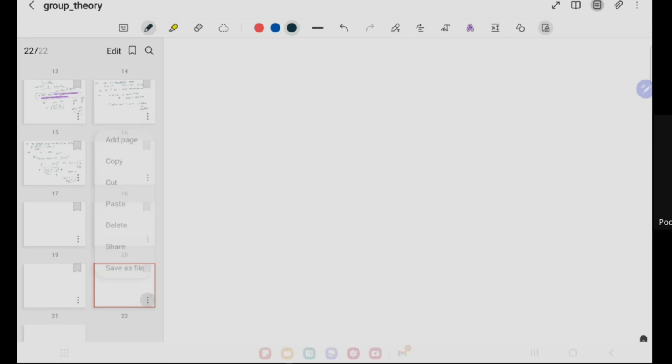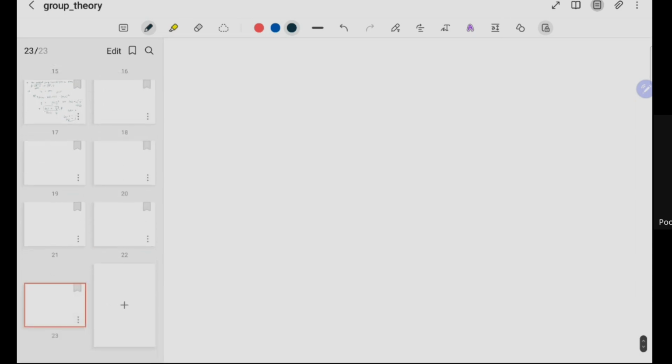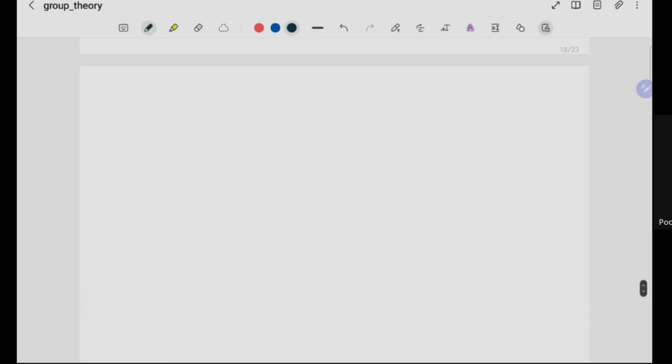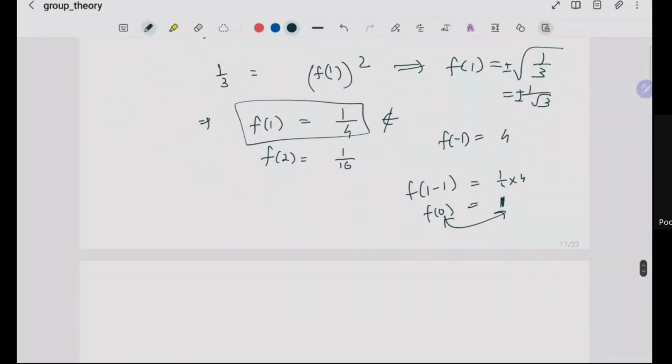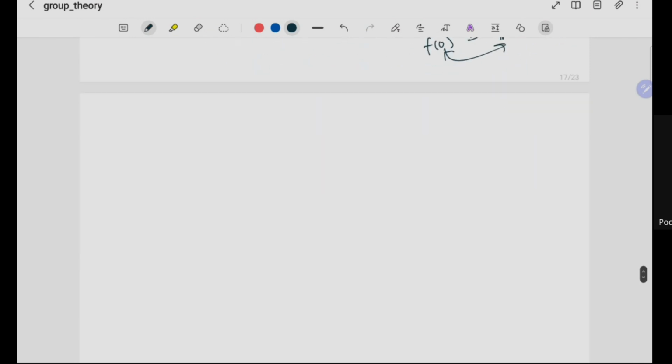Can you explain group actions in detail, please? Okay. Just a second. So let me start with the definition of group action.